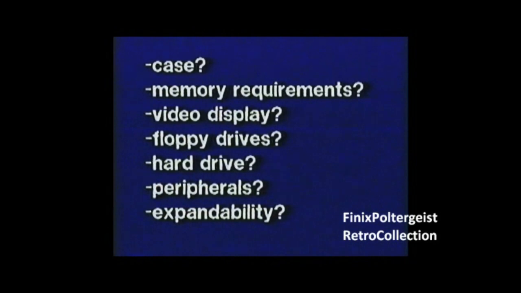They will affect the type and size of the case you need. Will you have a hard drive? How much capacity should it have and what type of interface is best for your system? The number and types of peripherals you will use now or at a later time should be considered. Also, how expandable should your computer be to allow for future upgrades? These are all factors that you should consider before you begin to build your computer.